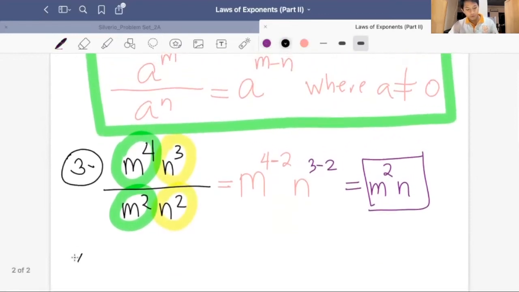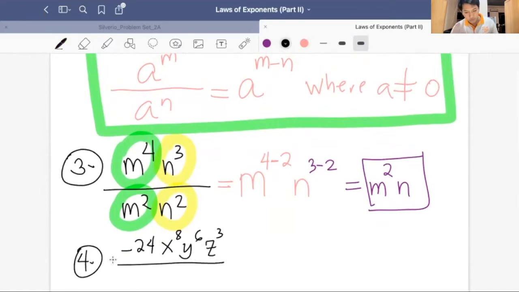Example number 4. How about if we have a more complicated example? Negative 24 x to the 8th power, y to the 6th power, z cubed over 8 x cubed, y to the 4th, z.